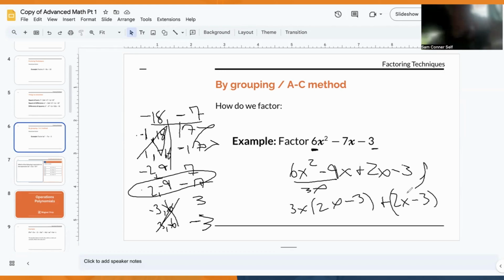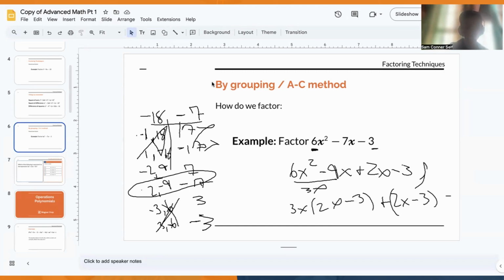Right, and then these are going to be the factors. And they're not asking for the solutions, so we don't have to set it equal to 0 and solve or anything.